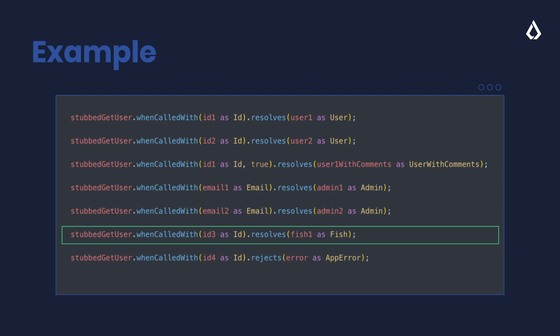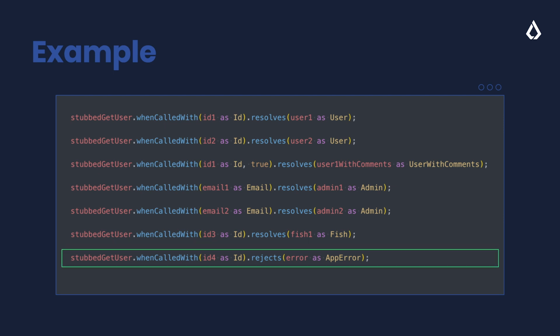That means this ID3 is an exceptional value for this function. Even though the type is ID, there's this special behavior here. And the same for the last call. Even though I provide an ID type, ID4 value, it throws an exception.